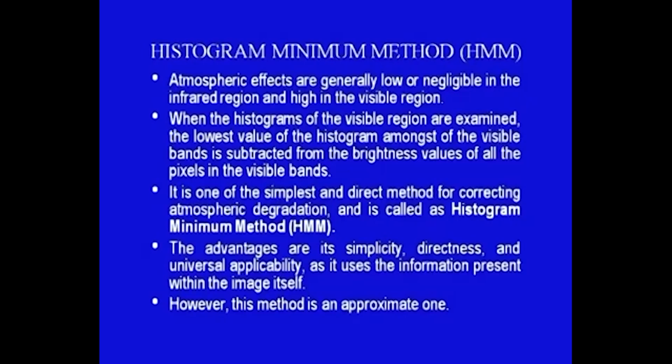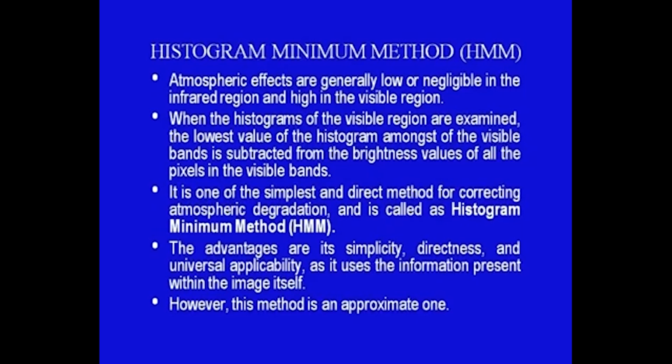The next method is histogram minimum method, in short known as HMM. As we have already seen, atmospheric effects are generally low or negligible in the infrared region and high in the visible region. When the histograms of the visible region are examined, the lowest value of the histogram amongst the visible bands is subtracted from the brightness value of all the pixels in the visible bands.